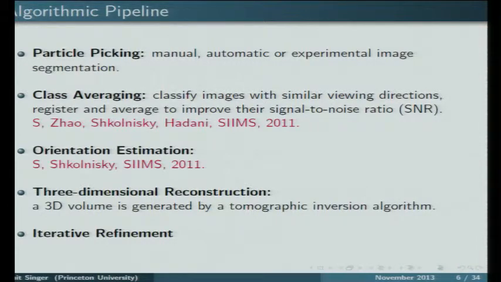That is, you can reproject it to get 2D projection images, and from those 2D templates, you match the experimental images to the reprojected ones, reassign viewing directions, rebuild a new model, and repeat this process. It's not clear that iterative refinement will actually converge to the ground truth or something close to it. It may highly depend on the initial model, and that's why people seek good initial models.